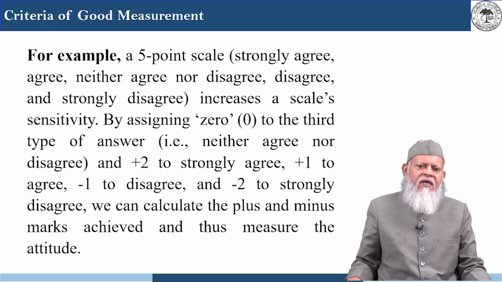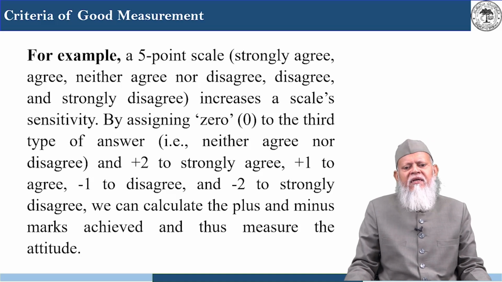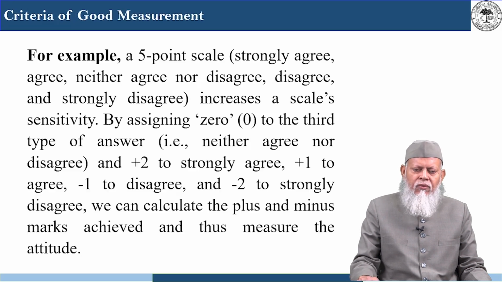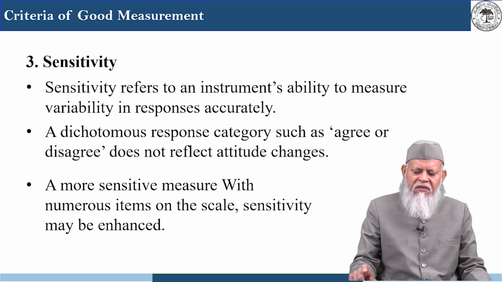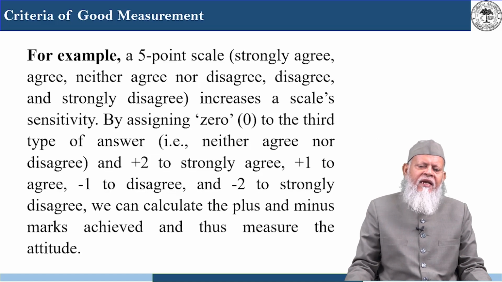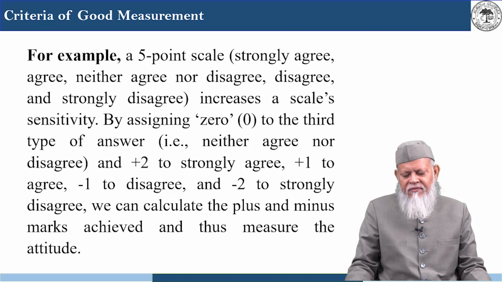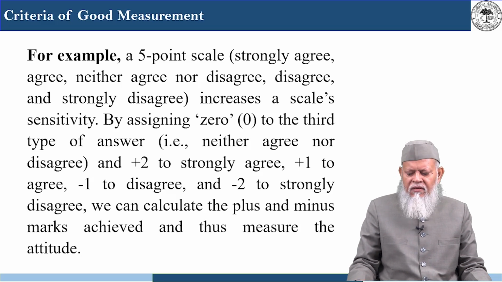Take another example: if we make a 3-point scale only, agree, indifferent, that is neither agree nor disagree, and disagree, this 3-point scale also gives us sensitivity, whereas the 5-point scale also gives us sensitivity.